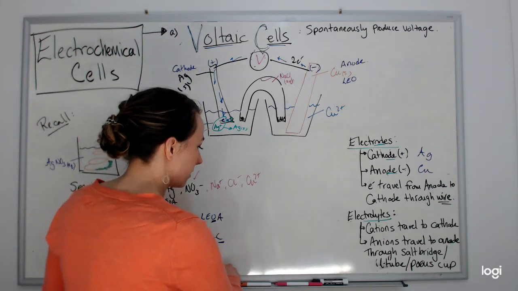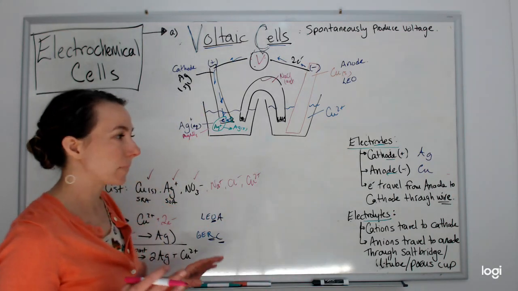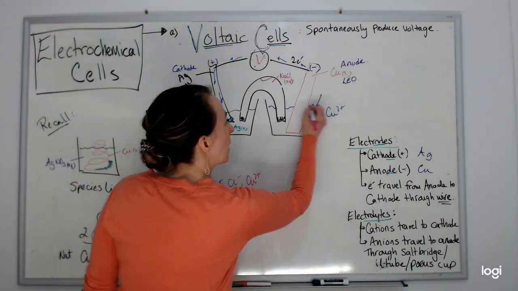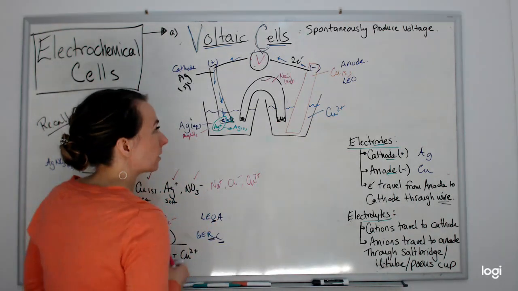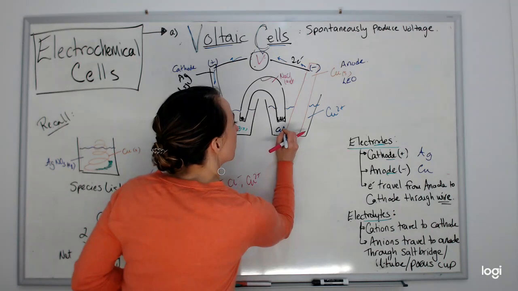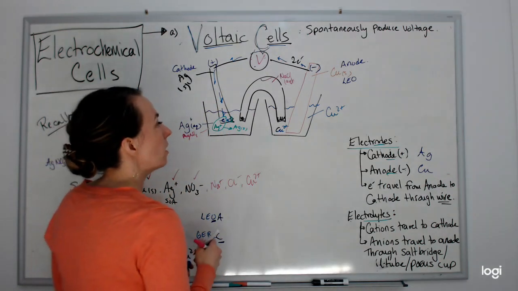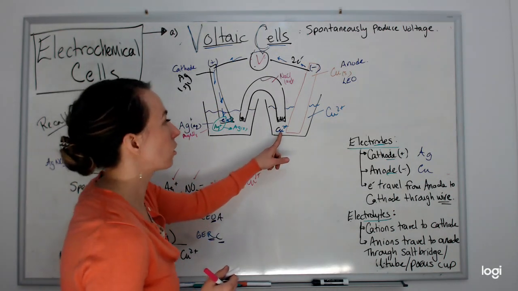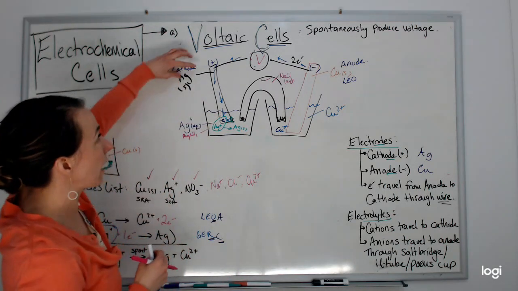Let's find some cations. So in this solution, we have a whole bunch of copper 2+ cations. Okay, so those copper 2 pluses are going to try to get to this cathode stick.